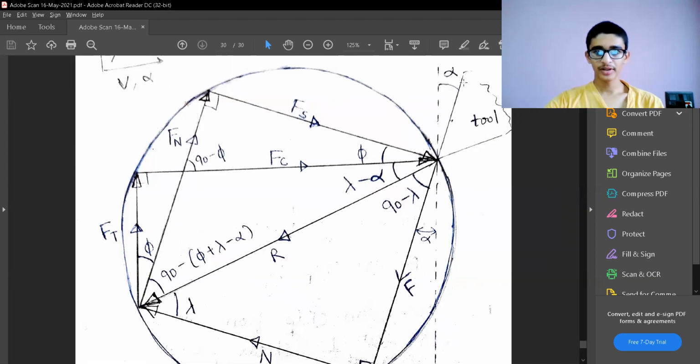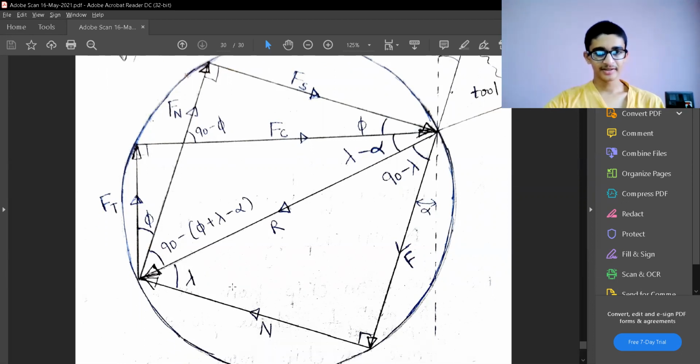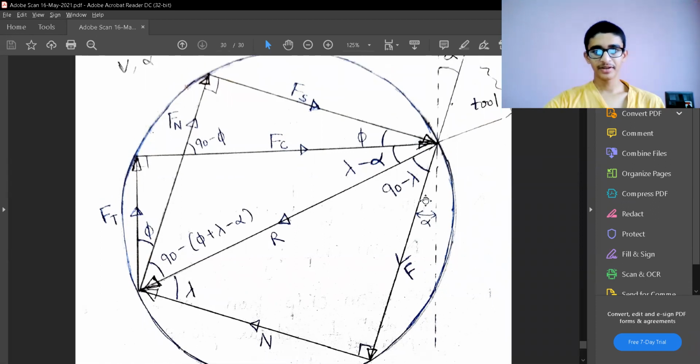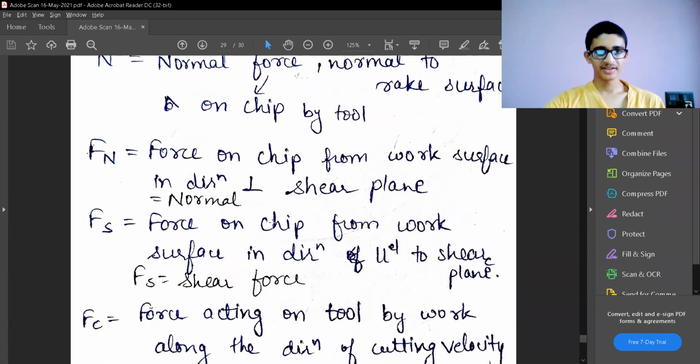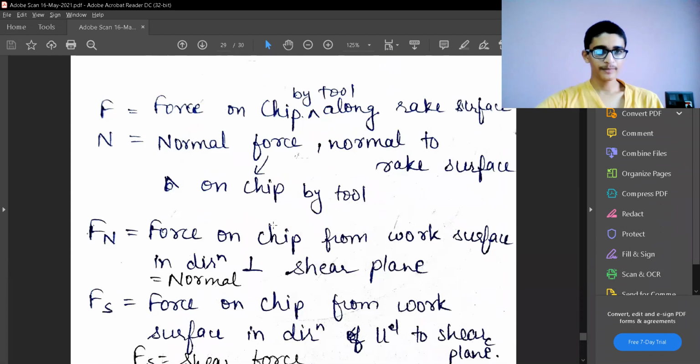And here is the tool, here is the rake surface of the tool, which is at an angle alpha, which is shown over here. This is the angle phi, the shear plane angle. And the angle which I introduce to you, the lambda angle, is the friction angle, which comes because of the friction between the tool and the chip. So let me define all the forces which are involved.